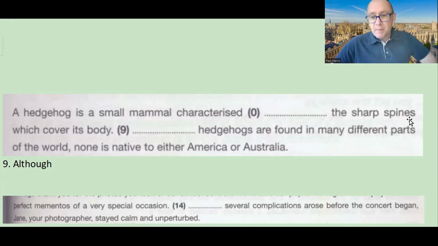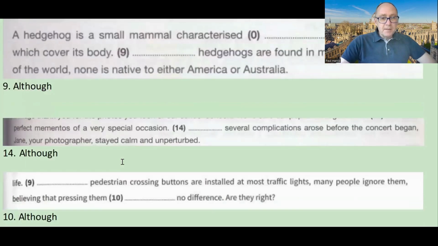So even though it's found in many parts, it's not found in these parts. So here we have a contrast. And again, you can see two separate clauses. So although hedgehogs are found in many different parts of the world, none is native to either America or Australia.